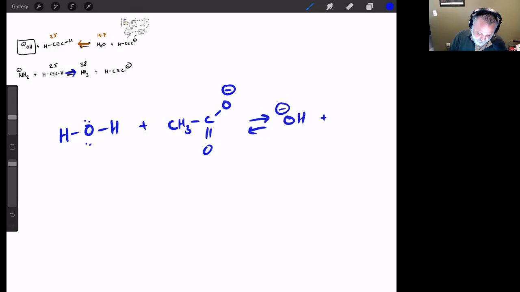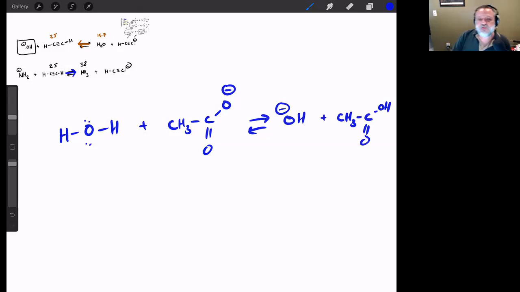Is water a strong enough acid to reprotonate a carboxylate ion? So can I just mix carboxylate ions in water to reform the carboxylic acid?